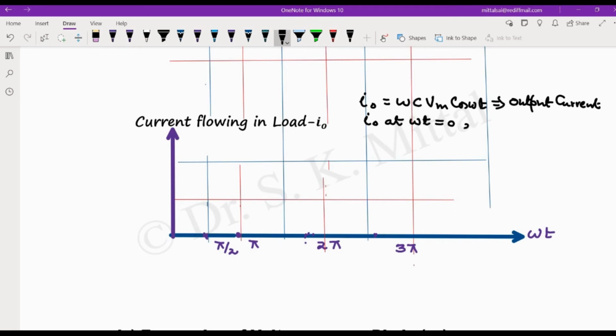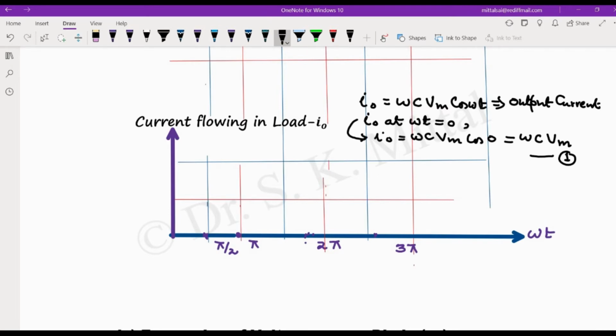At this point, I0 is equal to omega c Vm cos 0, so it comes omega c Vm, because cos 0 is equal to 1. This is the value of current at omega t is equal to 0.